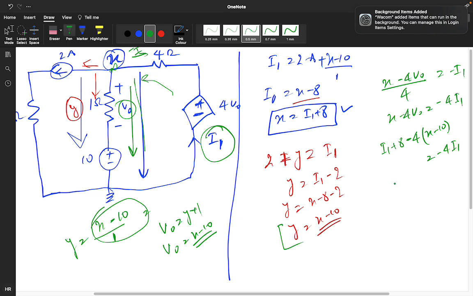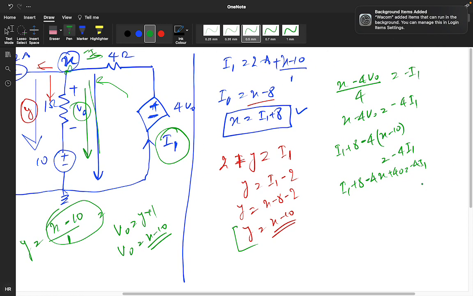If you solve this, you will get the value of I1: I1 plus 8 minus 4x plus 40 minus 4 I1. Substitute the value of x as I1 plus 8 only, and substitute the V0 value with the x value.